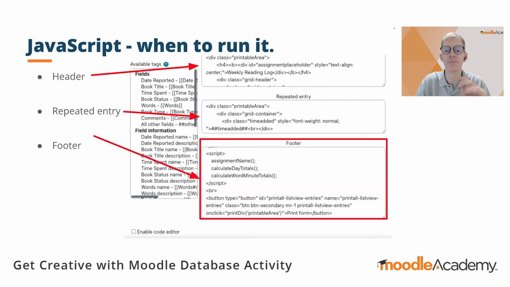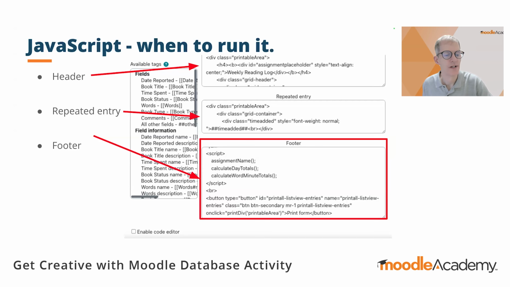If JavaScript runs before the element is displayed, it will not find the element and therefore it cannot operate on it. For most purposes, adding the scripts to the bottom of the footer part of the list template will ensure that the page is completely loaded before the scripts begin processing.